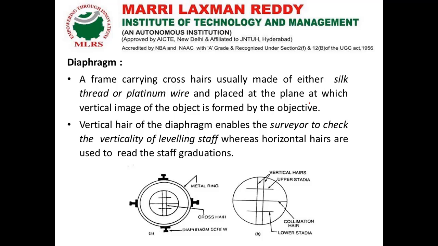With the help of that crosshairs only we are going to bisect the image or bisect the leveling staff. So the diaphragm has the crosshairs maybe like this. Now this is the vertical hair, these are all horizontal hairs. This is the middle hair, this is the upper hair, this is the lower hair.